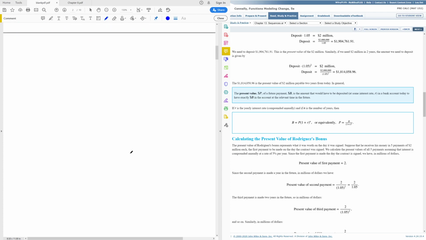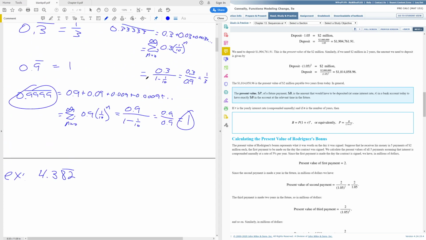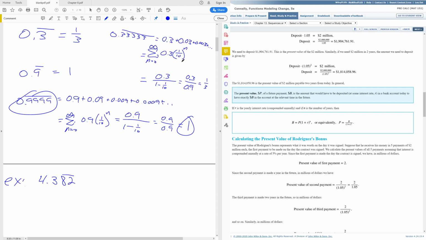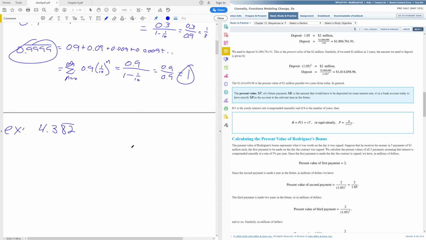So if I just make one up, let's say it's 4.382 and 82 repeats, right? 4.382828282. How are we going to represent this as a fraction? Well, just like we did up here, we want to represent the repeating part as an infinite geometric series. The other part just kind of stands off by itself.